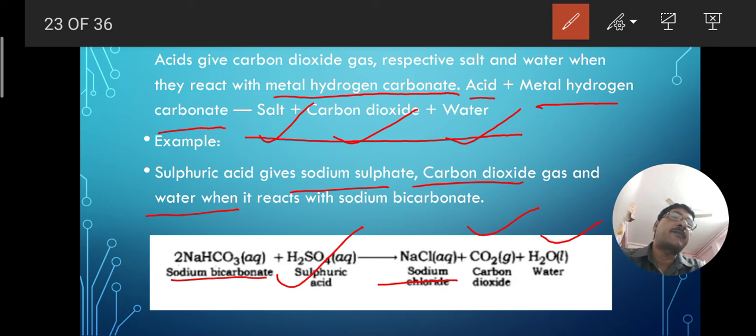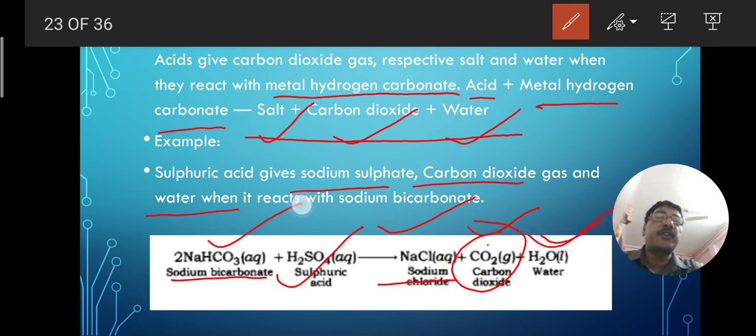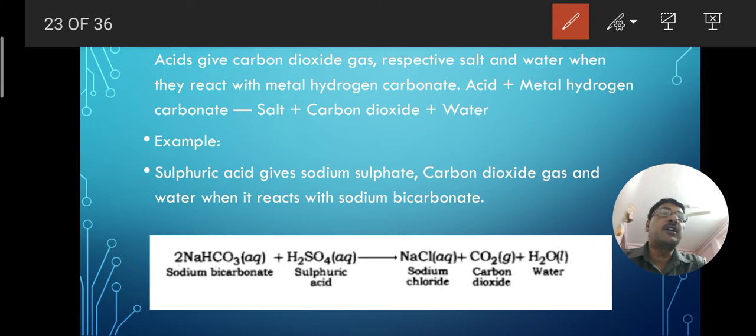Salt, water and carbon dioxide, whether it is sodium carbonate, the metal carbonate, or metal hydrogen carbonate. In all the cases, these three things are possible: salt of that metal, carbon dioxide and water. Why carbon dioxide? Because it is a carbonate. So carbonate will produce carbon dioxide.